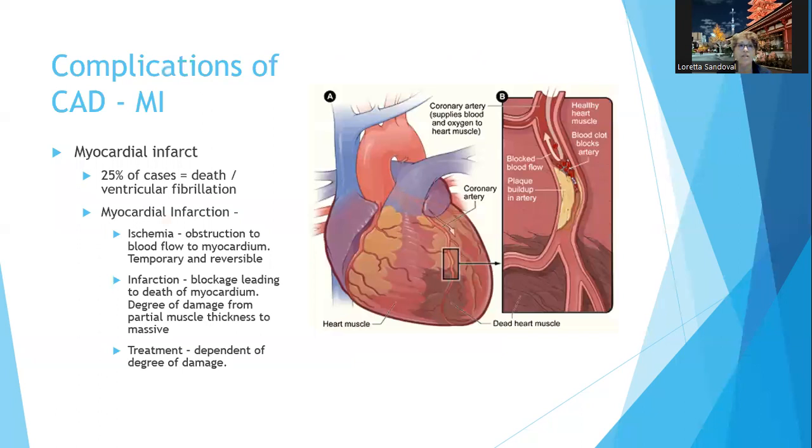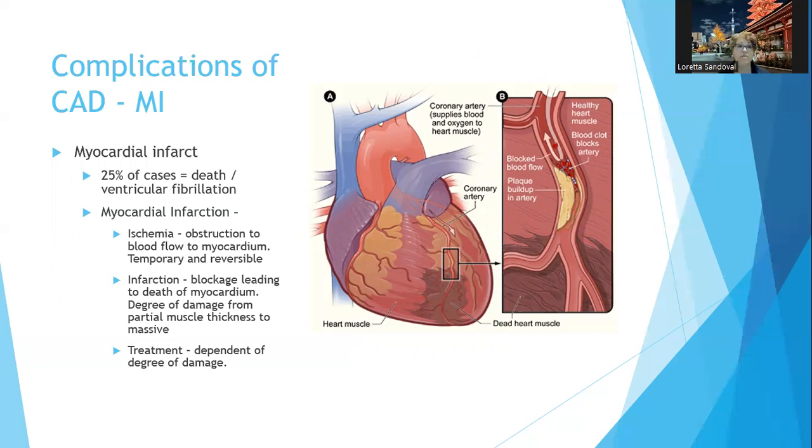Makes sense, right? So myocardial infarction is where the coronary artery is actually blocked. It's not just slightly occluded. And you get ischemia, obstruction of blood flow to the myocardium, or infarction, which is a blockage leading to death of myocardial cells.